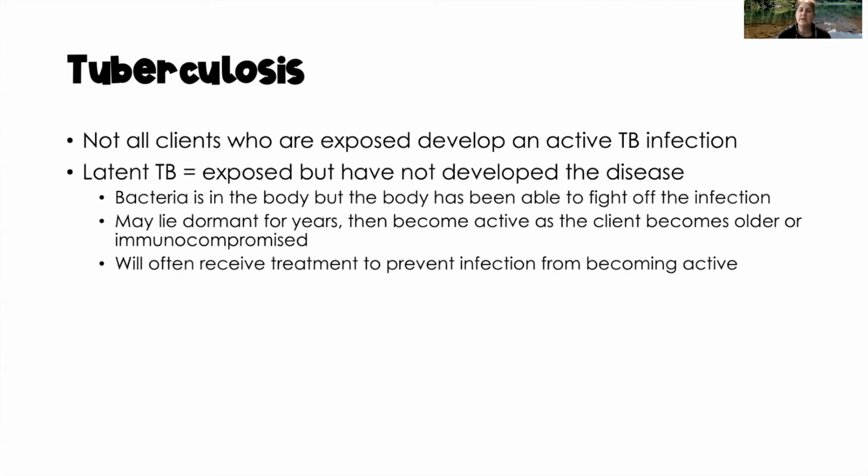So the bacteria is in the body, but the body has so far been able to fight off the infection. And as we've mentioned, it can lie dormant for many, many years, and then it typically becomes active as the client ages or once they become immunocompromised.